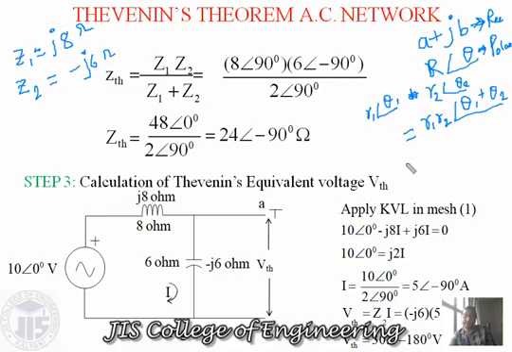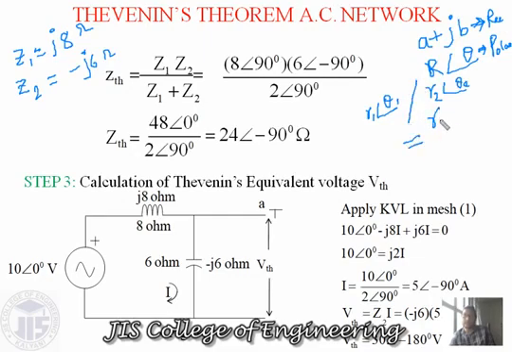Similarly, at the time of division it's also very easy in polar coordinates. I'm going to erase this portion, otherwise it will be difficult to understand. Suppose R1 angle theta 1 is divided by R2 angle theta 2.